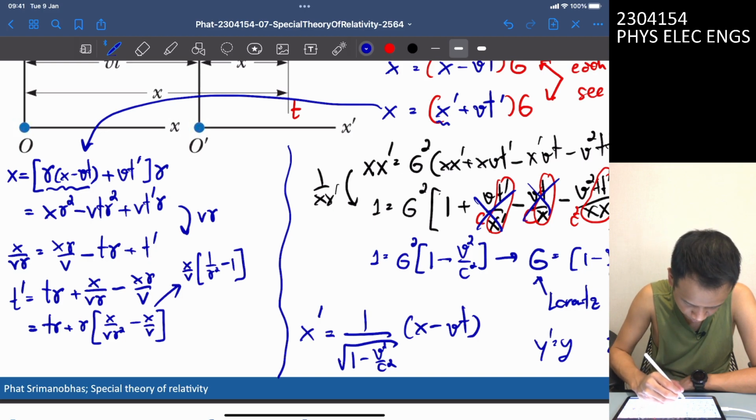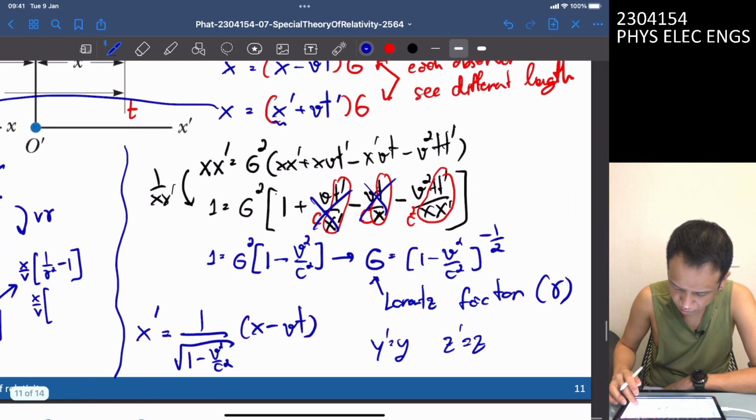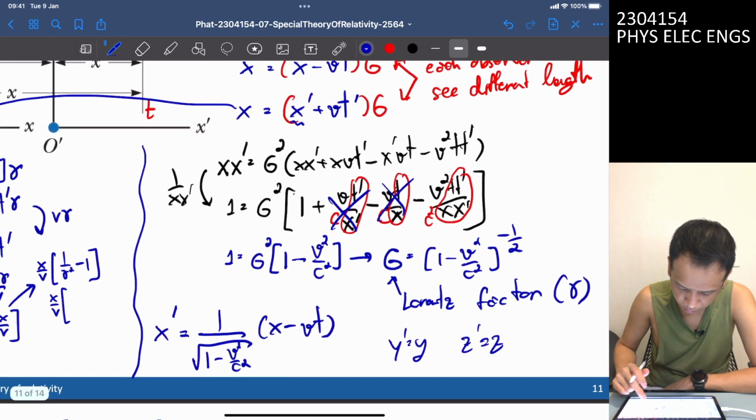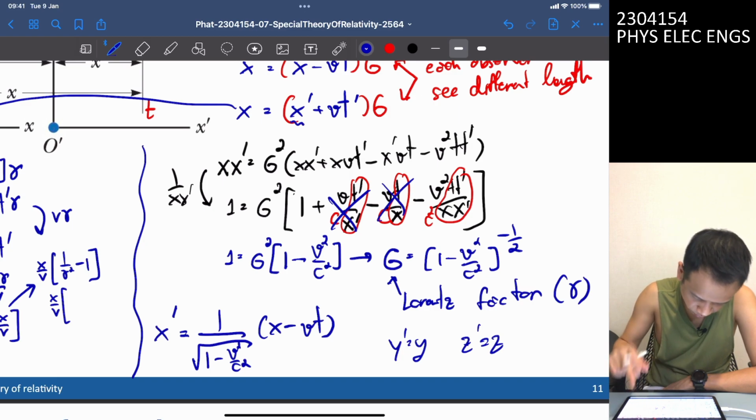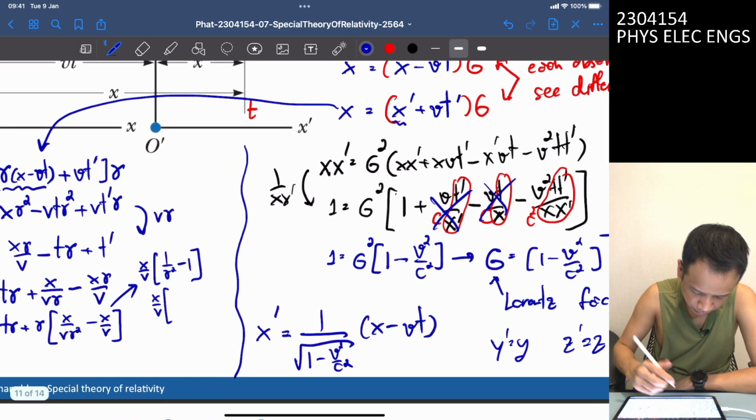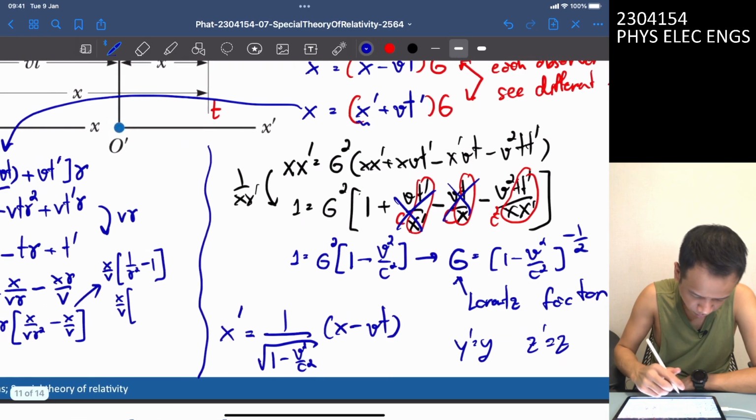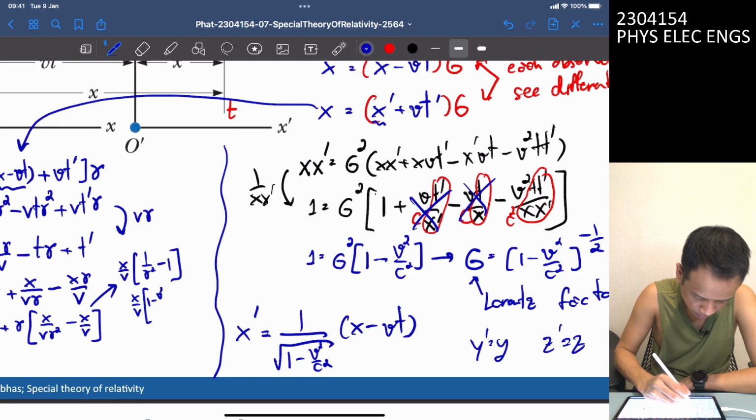So it's x over v, right? What is gamma squared? You get 1 minus v squared over c squared. You put it back, so you get 1 minus v squared over c squared, and then minus 1.